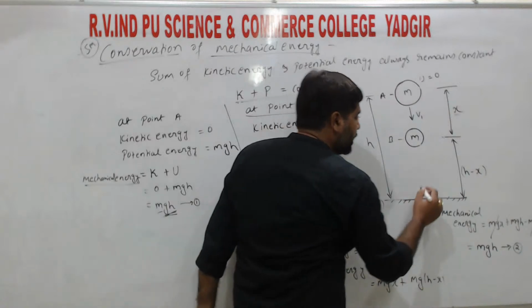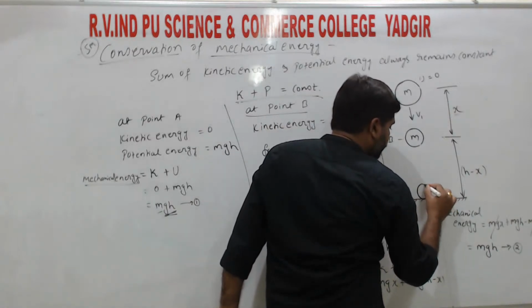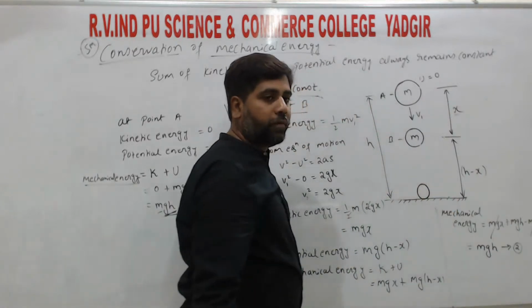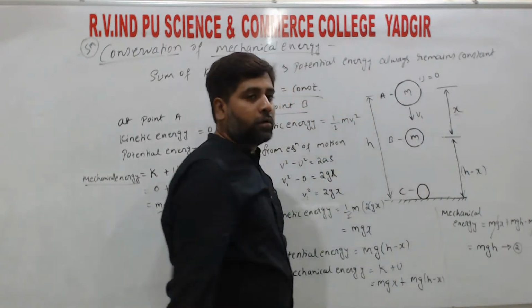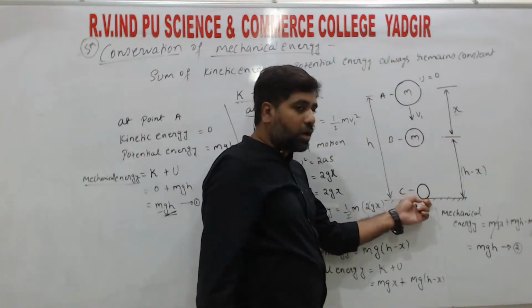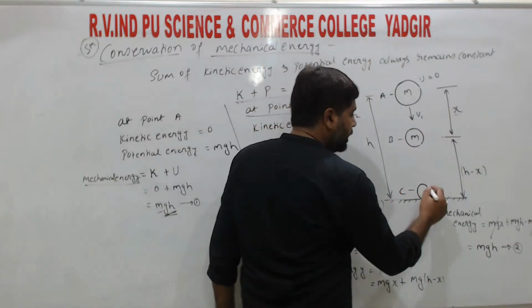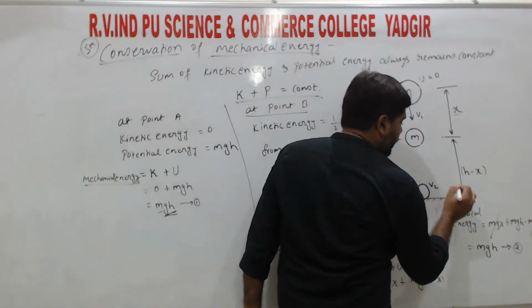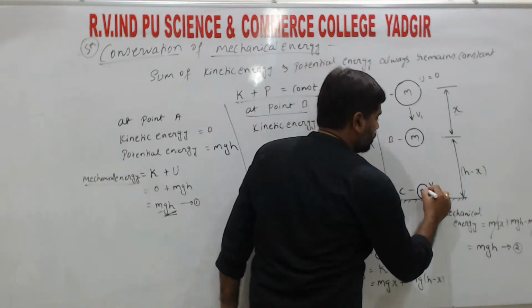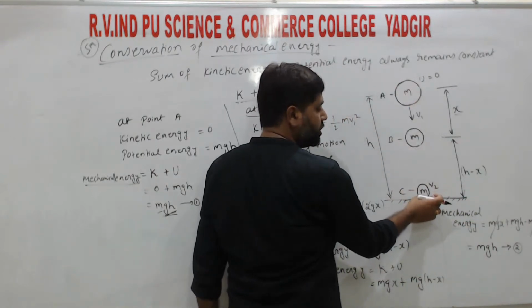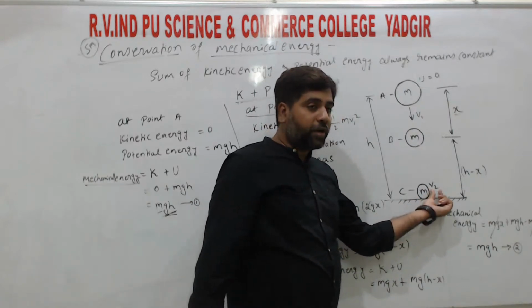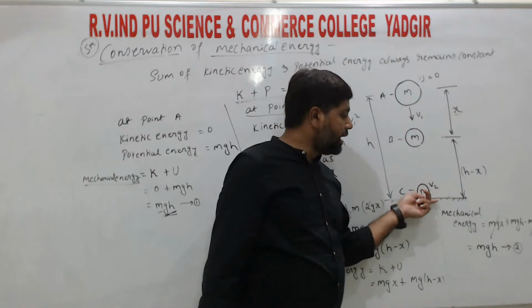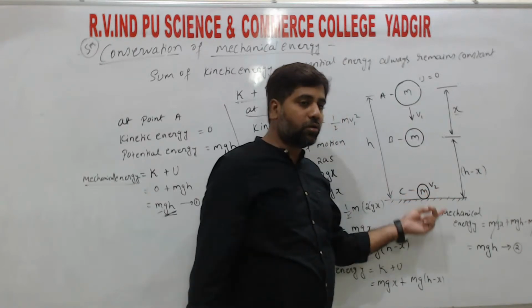So next, when it reaches the ground, we take that point as point c. Considering just before it reaches the ground, the velocity we have is v2. So when the same object reaches the ground, just before reaching the ground its velocity is v2 and there is no height here, right?